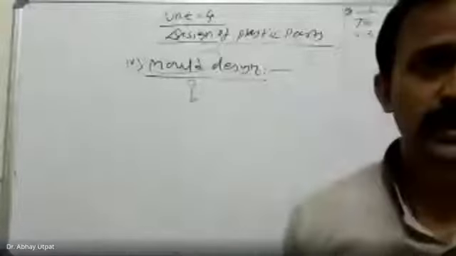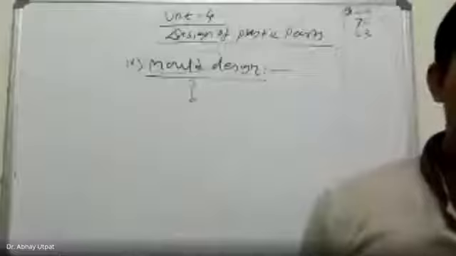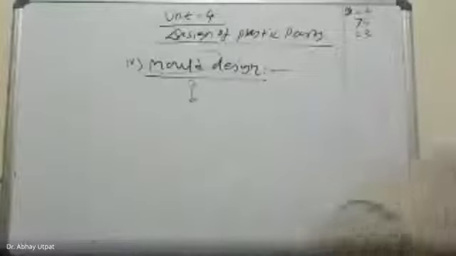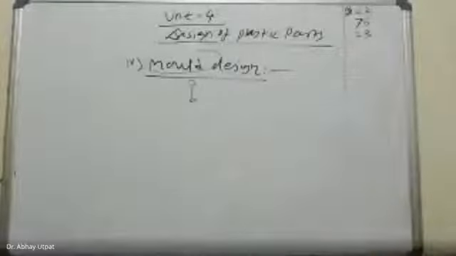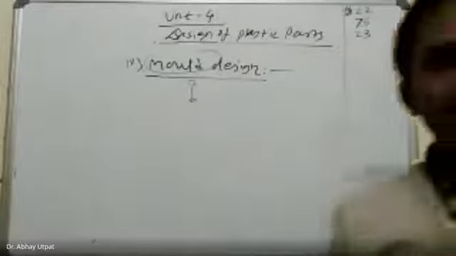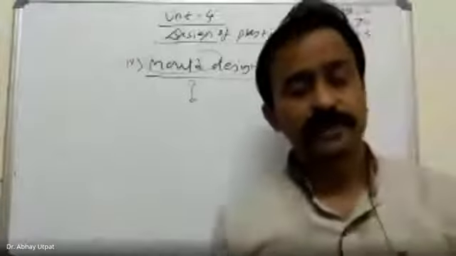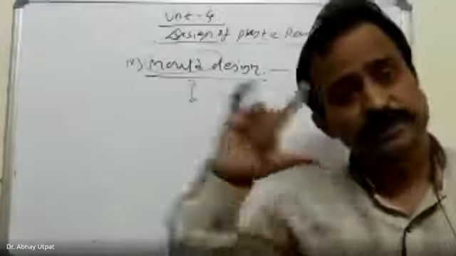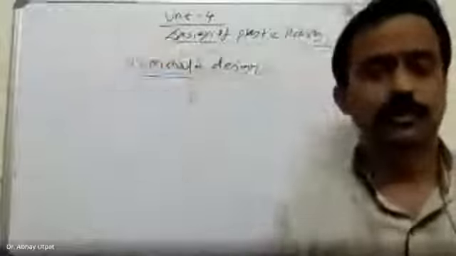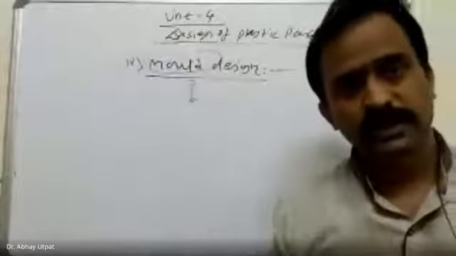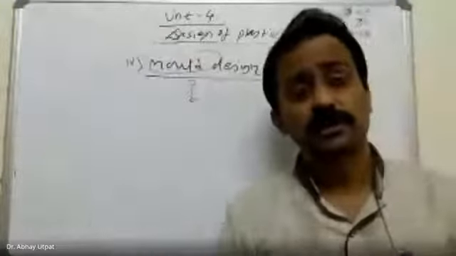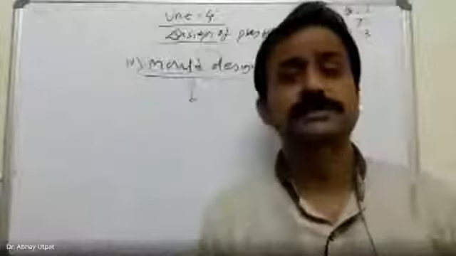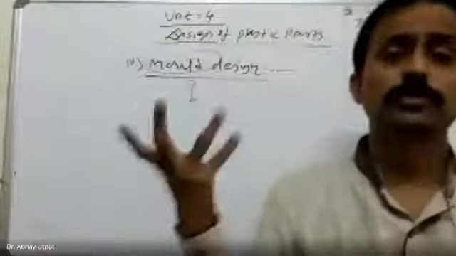So I want to say, when any plastic component is to be manufactured, the first thought should be given to the mold. Because you are going to manufacture 10,000 pieces, 1 lakh pieces, and the same mold you are going to use.